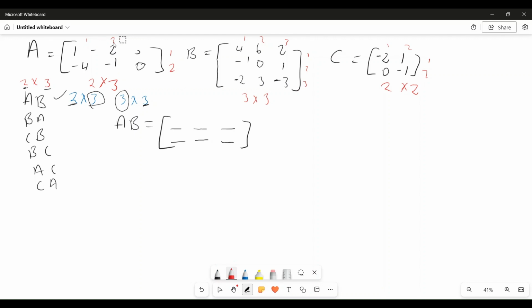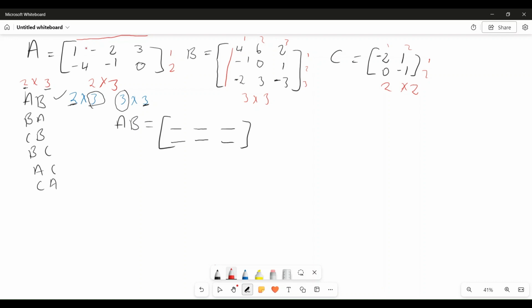What we did was that we said the row in A is going to multiply with the column in B. So all the corresponding entries in A are going to multiply with the corresponding entries in B. This row is going to multiply with this column.